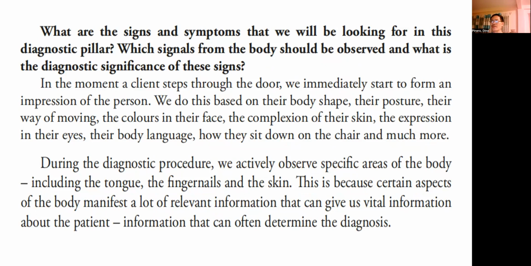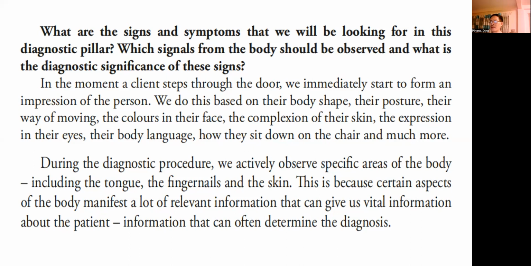So, what are the signs and symptoms that we will be looking for in this diagnostic pillar? Which signals from the body should be observed, and what is the diagnostic significance of these signs? In the moment a client steps through the door, we immediately start to form an impression of the person.